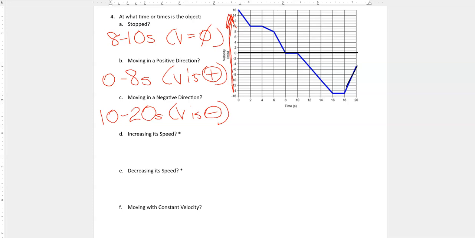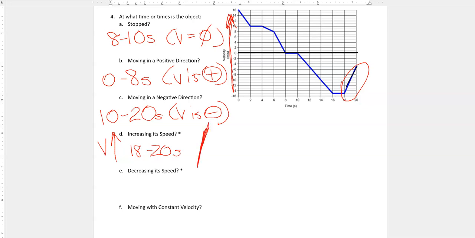Well, the only time on this graph where the velocity is increasing, where the slope is positive, is this very last time period. So the velocity is increasing from 18 to 20 seconds.